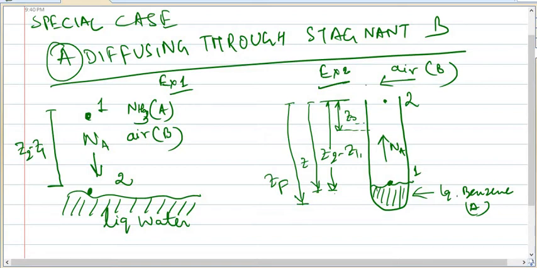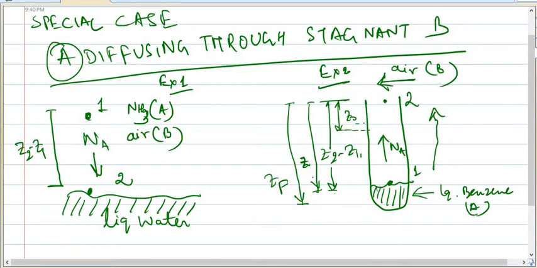Further, another example is there in this test tube. In this test tube, we are having diffusion of A to stagnant non-diffusing B. So here benzene is evaporating into bulk. So liquid benzene in a test tube is there, and at time t equals 0, the level of benzene in the test tube is at a certain level.